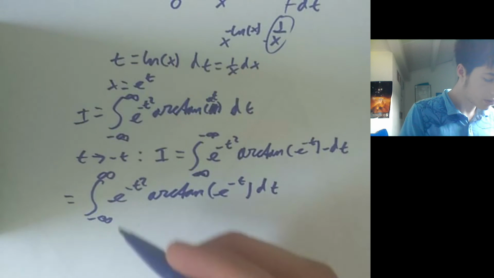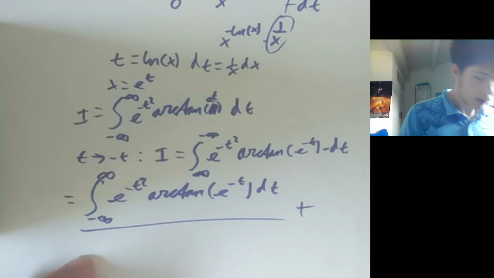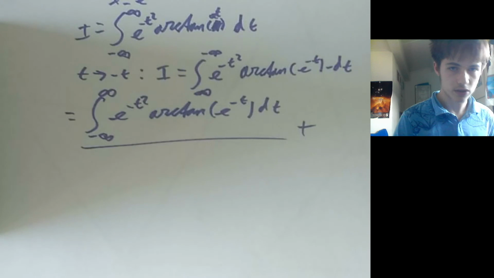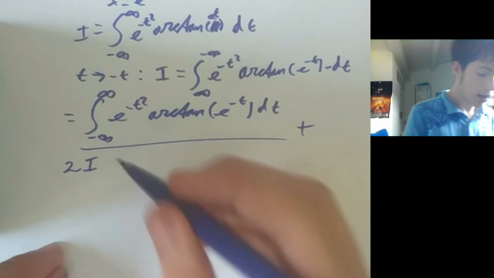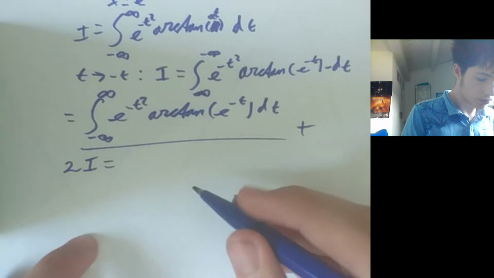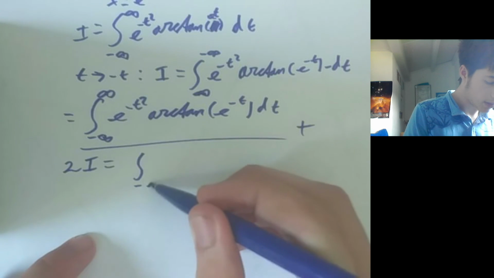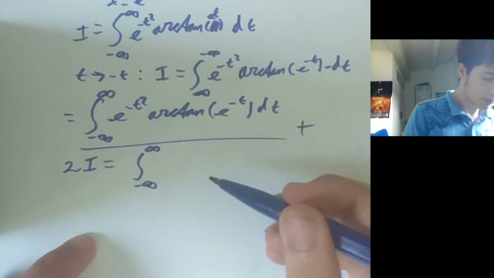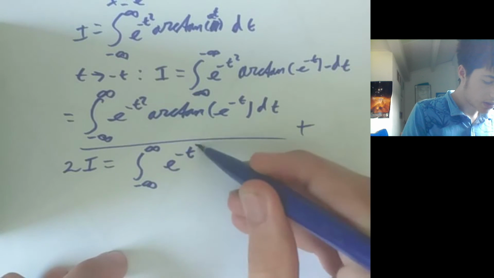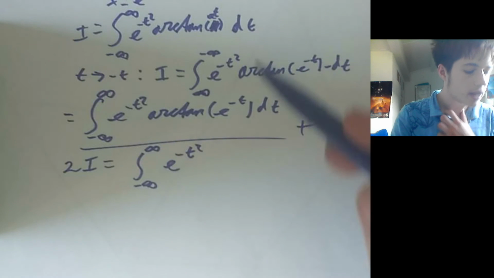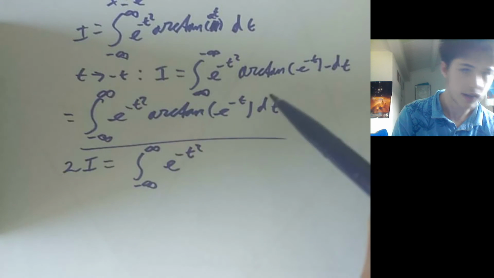And so what we're now going to do is add these two with each other. So what are we going to get? We'll get 2I, and 2I is going to be equal to the integral from negative infinity up to infinity. We still have this factor of e to the negative t squared, and then we multiply that with the inverse tangent of e to the t added with the inverse tangent of e to the negative t.